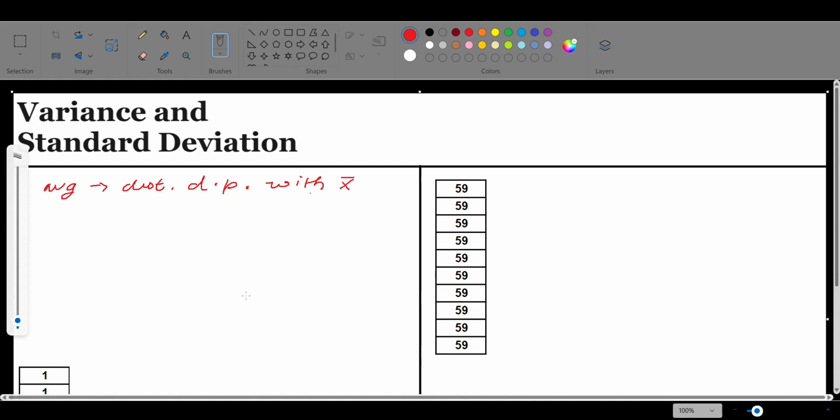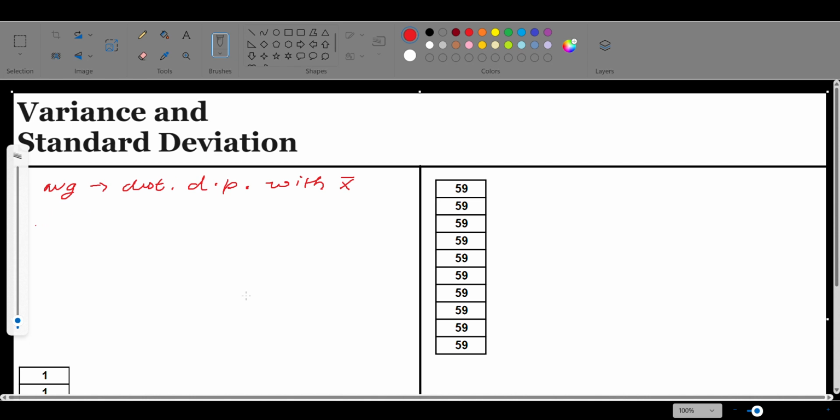Okay. We'd find the average of these distances. Therefore, if you think of it logically, the distance between the mean and each value that we get in that data set, an average of that would give us a basic understanding of how far away each data point is from the mean of the data set.